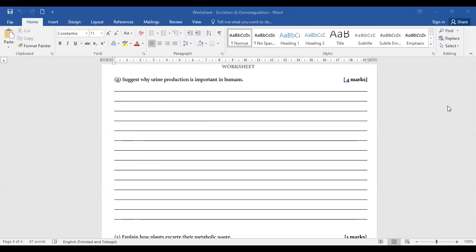What else? Think about urea. Yeah, David, to get rid of certain waste in the body. You also have to mention urea. So why is urea important?